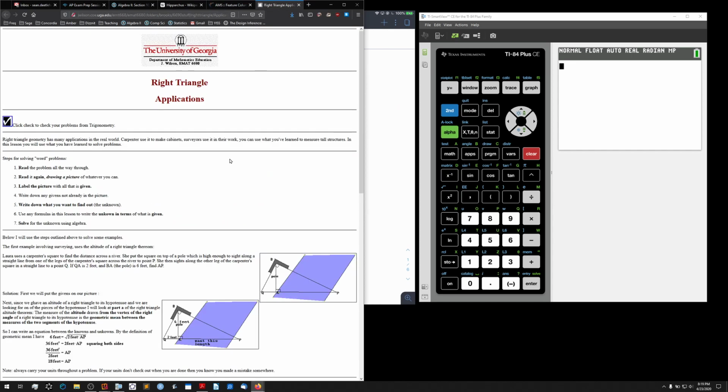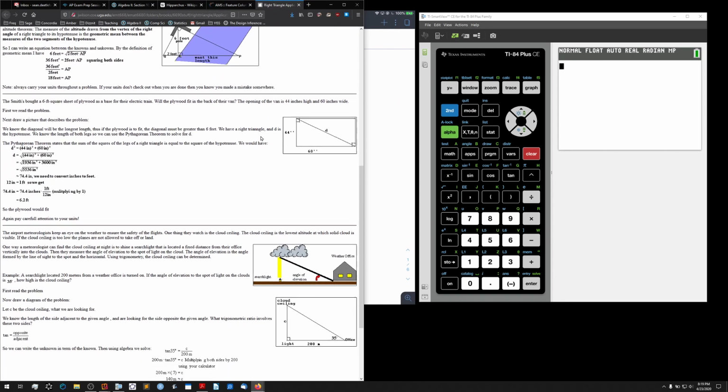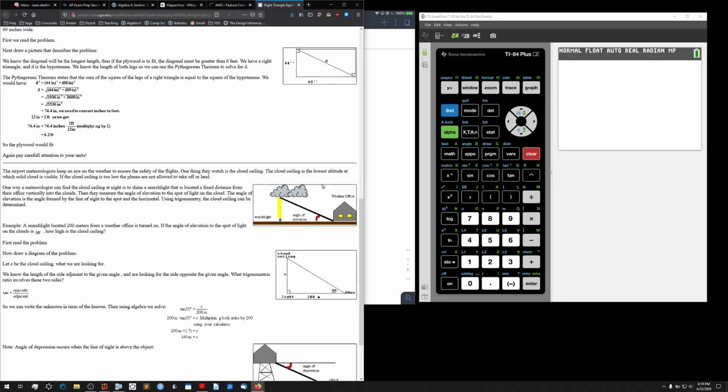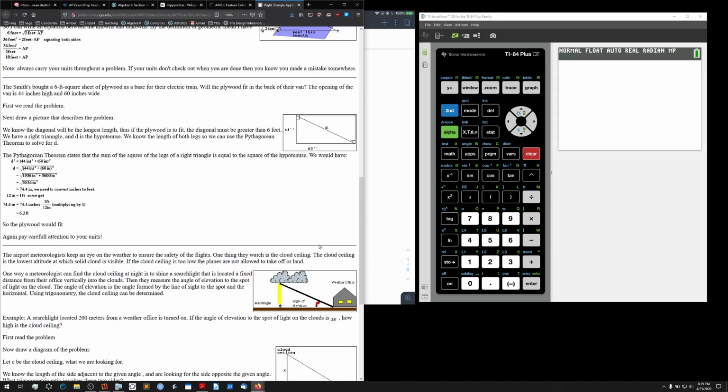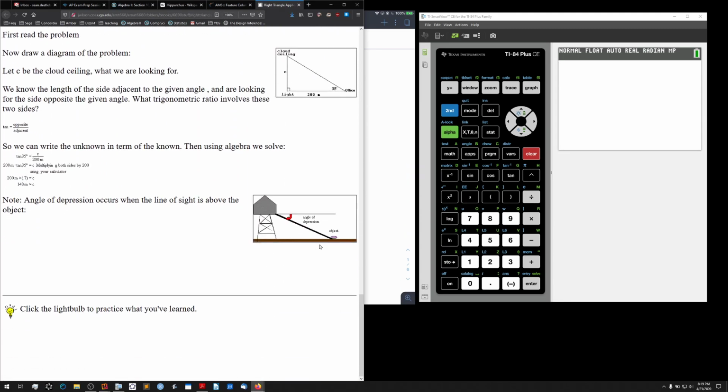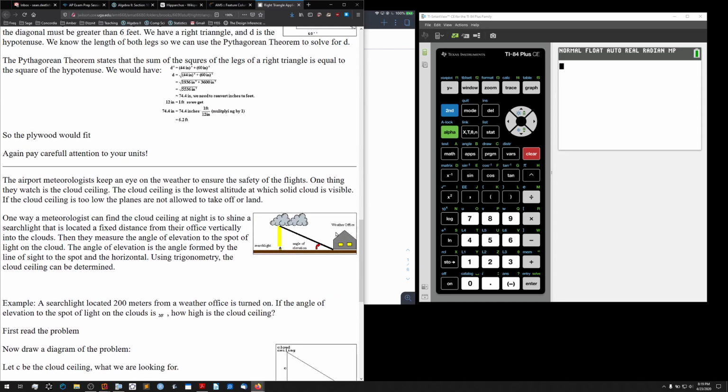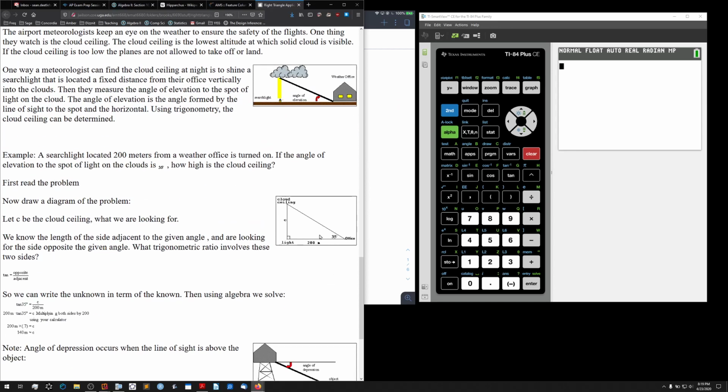Okay, and then the other one was another quick little application, which was to figure out the cloud ceiling. You can look at this picture here and see a nice little right triangle, just like this.